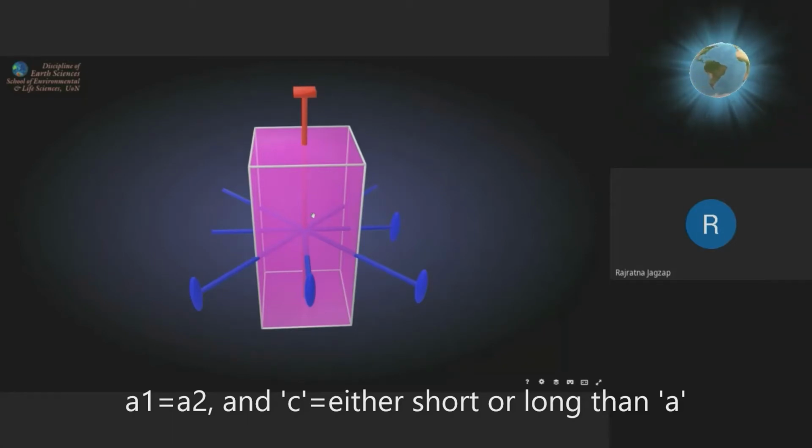Understand? So based on the forms of the crystals and the elements of symmetry it shows, we can group all crystals of such shape and showing particular elements of symmetry into tetragonal system.